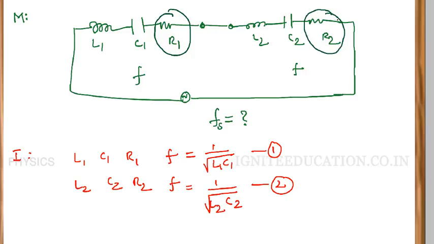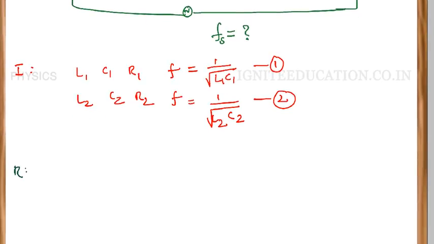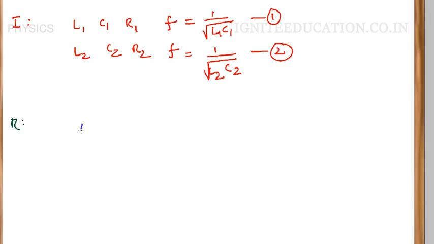If two resistors are in series, what is the resistance of the circuit? That Rs is equal to R1 plus R2. Similarly Cs is equal to C1 C2 by C1 plus C2.